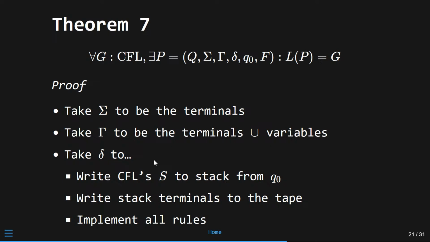Delta is just going to implement the context-free grammar, and it's going to implement it non-deterministically, so it doesn't matter which branch it picks. So the first thing we're going to do in our automata is from the initial state, we're going to go to state 1, the next state. I'm going to call it state 1. It doesn't have to be called state 1. And I'm going to write the starting symbol of the context-free grammar to the stack.